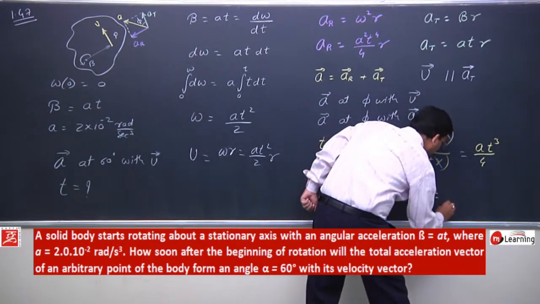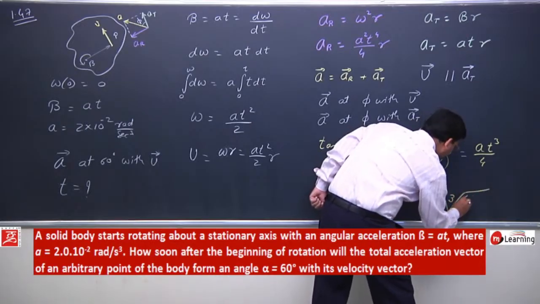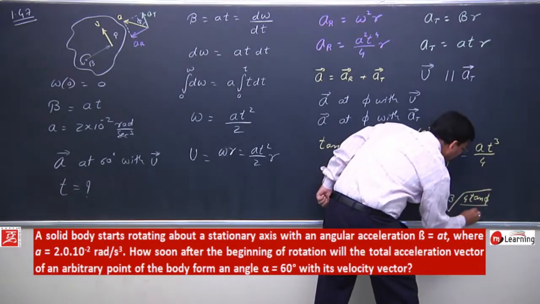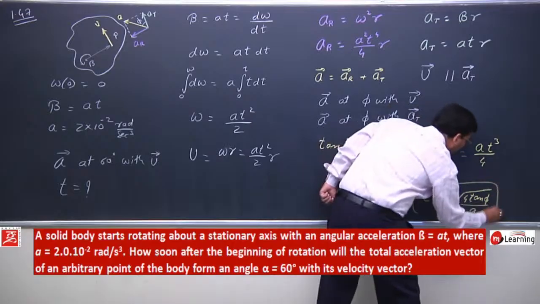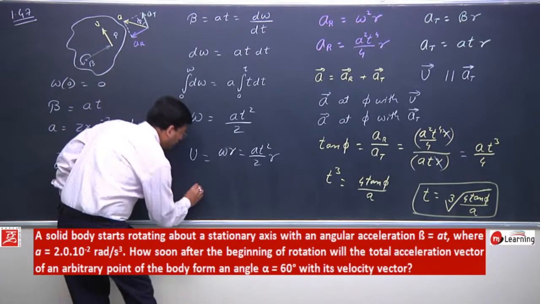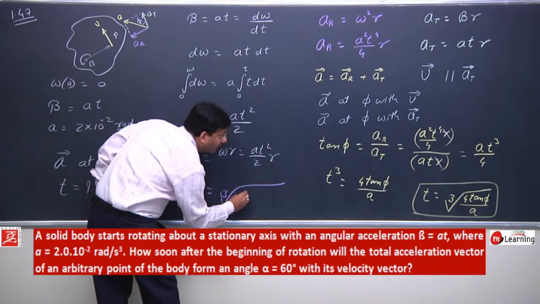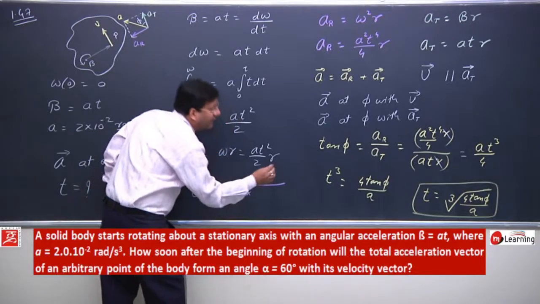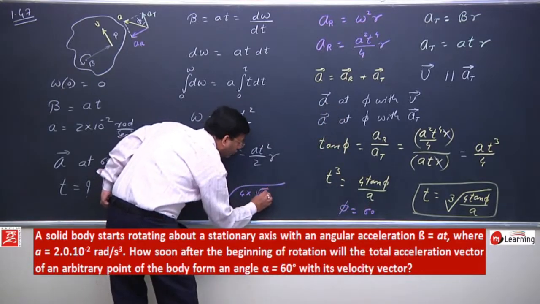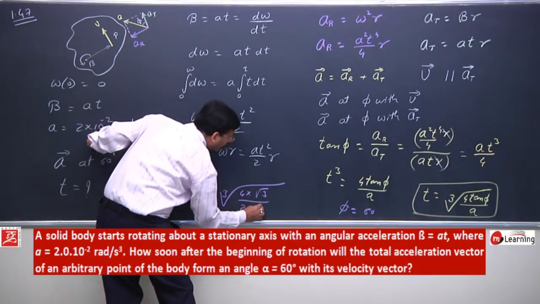The answer to the problem is the cube root of 4 tan phi upon a. Now you can substitute to get the answer. t is equal to the cube root of 4 into tan phi. Phi is equal to 60 degrees. So 4 into root 3 upon, for a I will write 2 into 10 to the power minus 2.